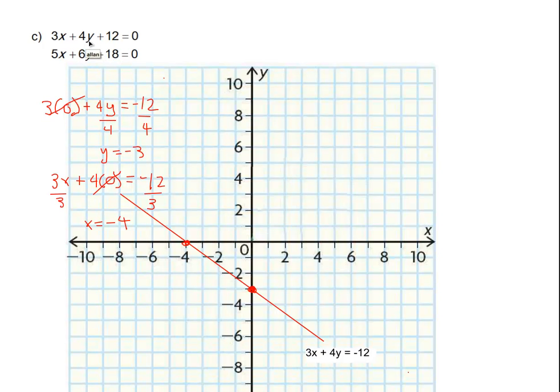So I would want to isolate the 4y term. So I would bring the 3x and the 12 over, or subtract 3x and subtract 12 from both sides. So if I did that, and also subtract the 12. So those are gone.